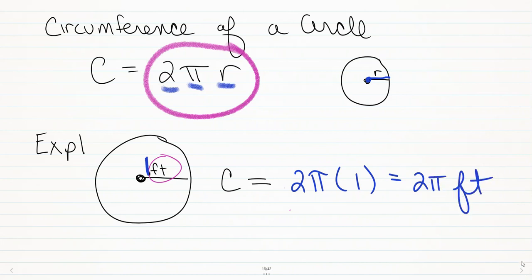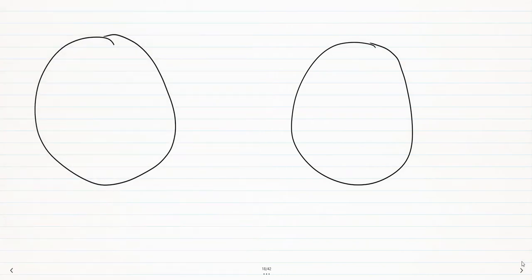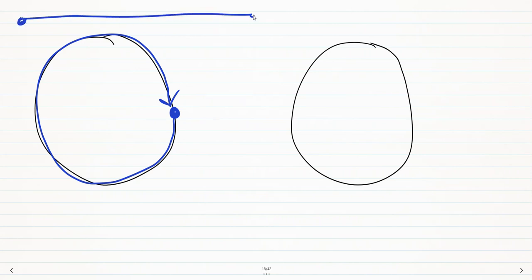What does that mean? The circumference, the distance around, means if I had a piece of yarn and I held the yarn here and traced it all the way around my circle, wrapped it around the circle, then I took that piece of yarn and stretched it out, it would be 2 pi feet long. If the radius was 1 foot, it's a pretty big circle, much bigger than what I have pictured.